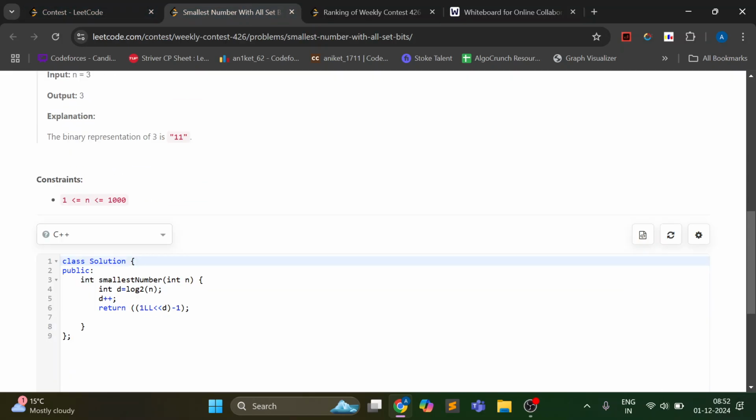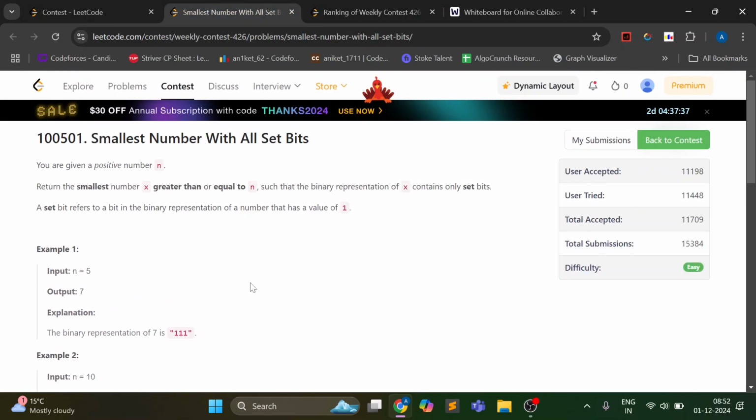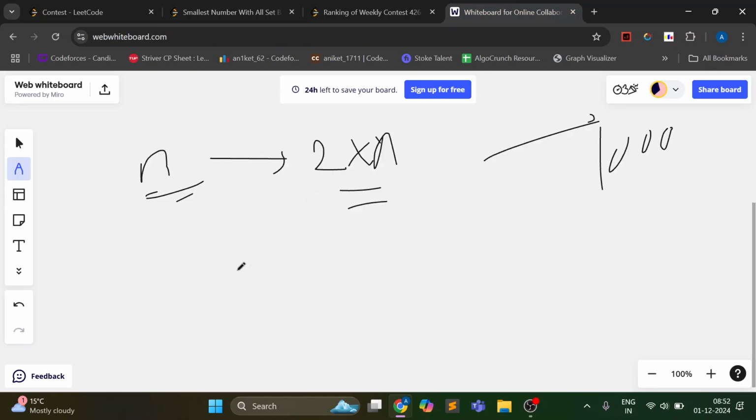And here n is just 1000. So this iteration would be around at max 10 raised to power 3. And for each integer we can check the conditions for this set bit representation. How can we do that?